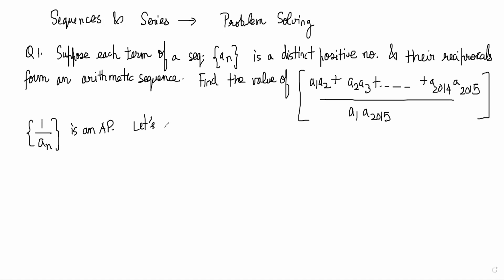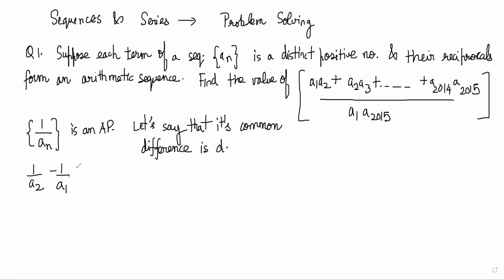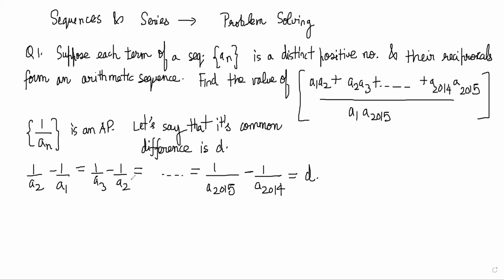Let's say that its common difference is D. So that means that 1 by a2 minus 1 by a1 is equal to 1 by a3 minus 1 by a2 is equal to 1 by a2015 minus 1 by a2014 is equal to D, right?